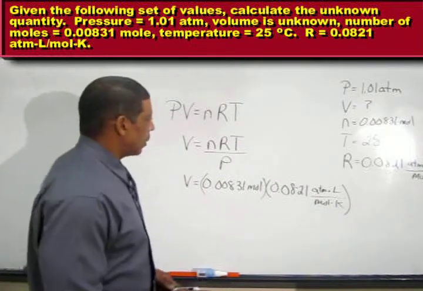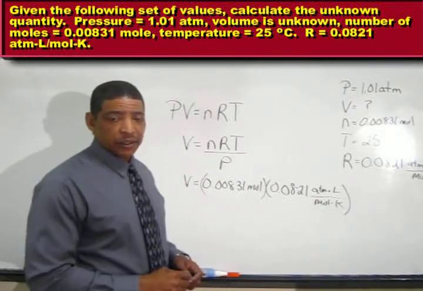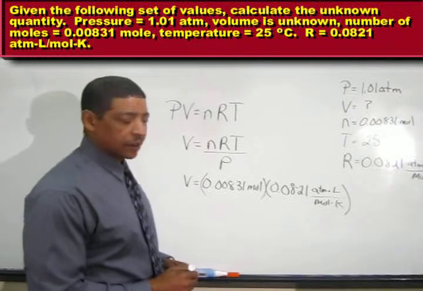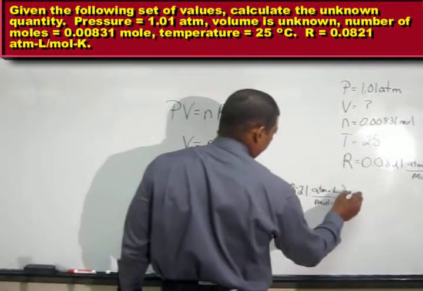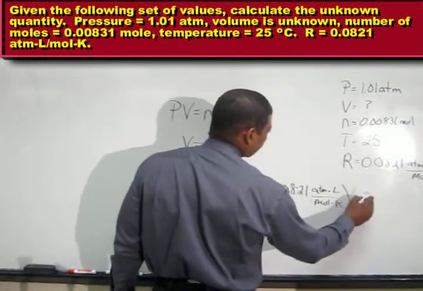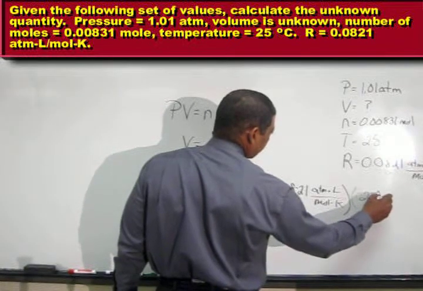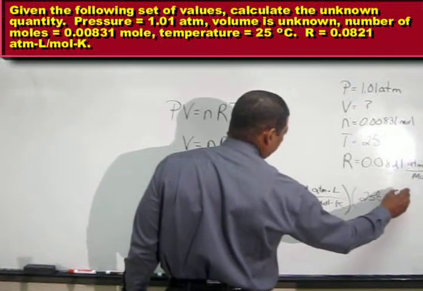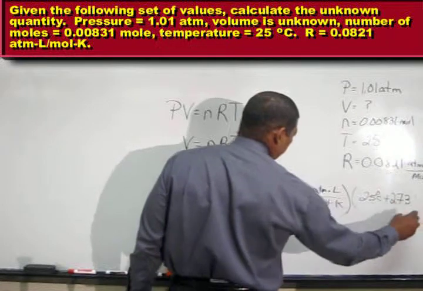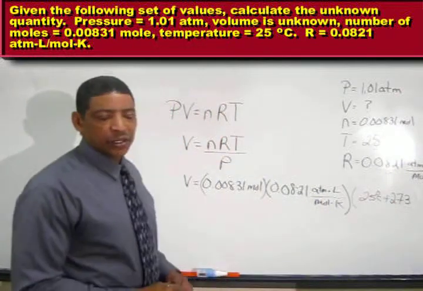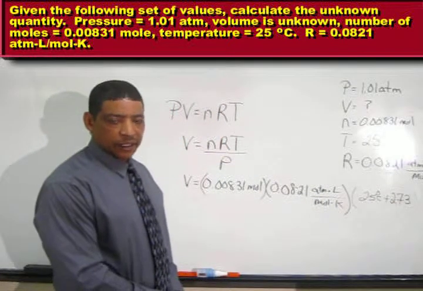However, in the ideal gas law, the temperature must be converted to Kelvin. 25 degrees C plus 273 will convert our temperature from Celsius to Kelvin.